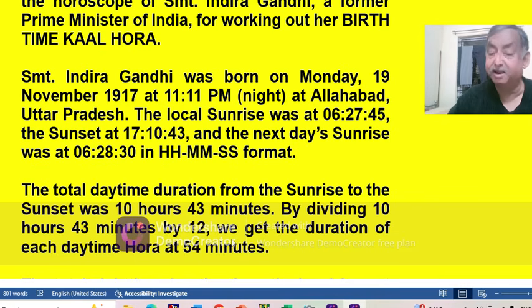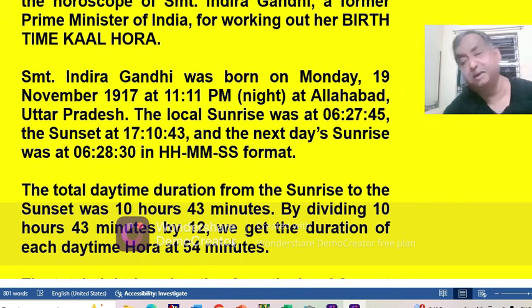The local sunrise, means the sunrise time of Allahabad, was at 6:27:45 a.m. The sunset at 17:10:43 p.m. and the next day's sunrise was at 6:28:30 a.m. in hour, minute, second format. Isn't it?